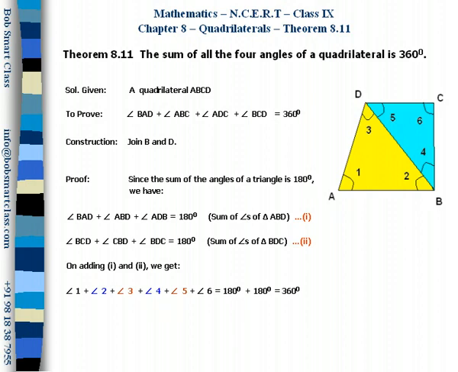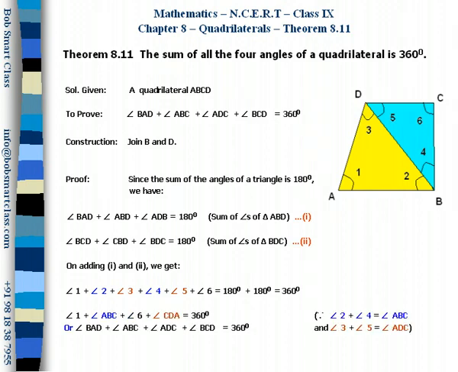Now, as we know that angle 2 plus angle 4 is equal to angle ABC, and angle 3 plus angle 5 is equal to angle ADC, therefore we will replace these angles with the sums.